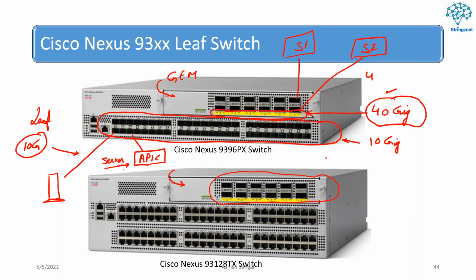What server? We will be talking about the Cisco servers called UCS, Unified Computing System servers. So this is one of the models of Cisco UCS server, which is embedded with the APIC firmware.